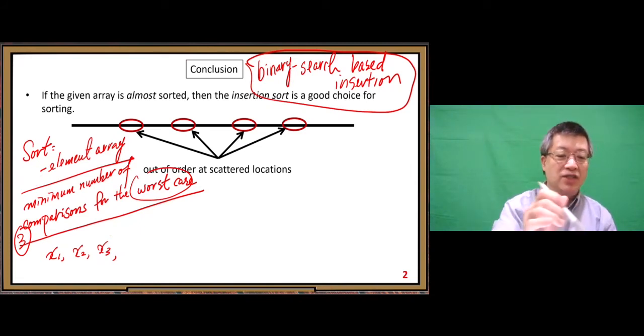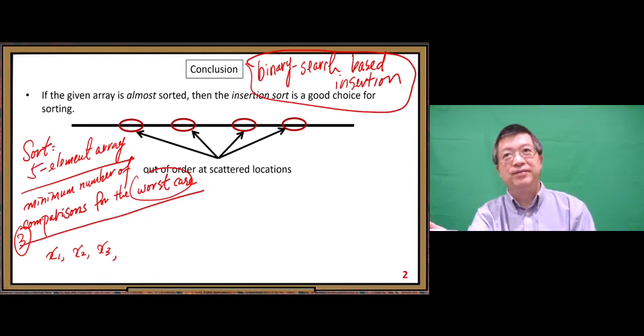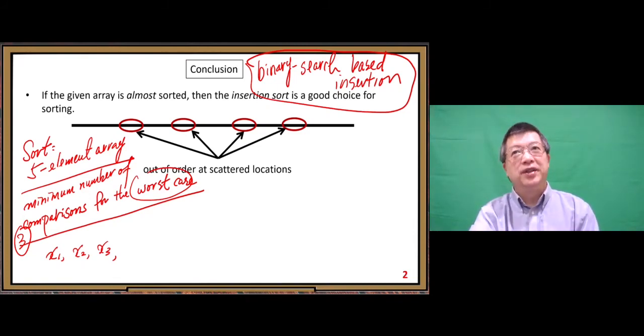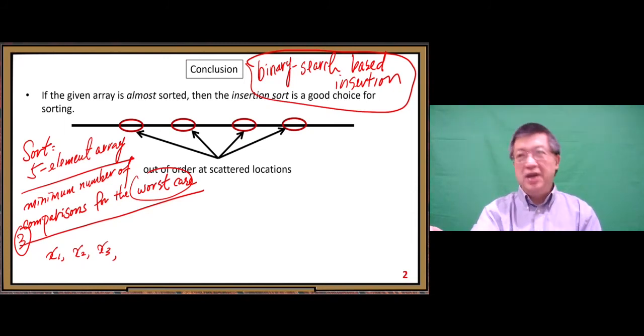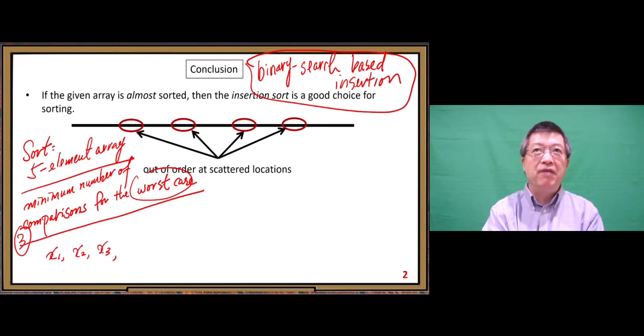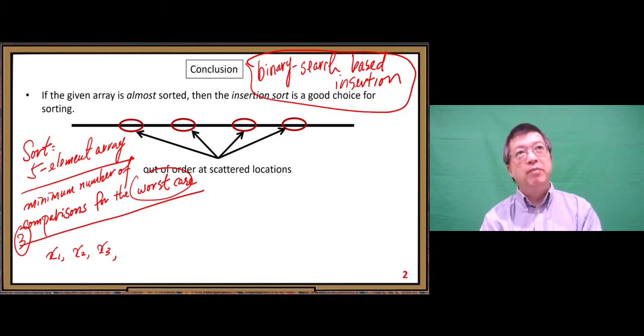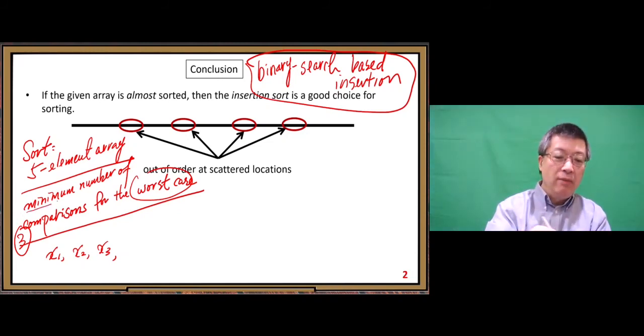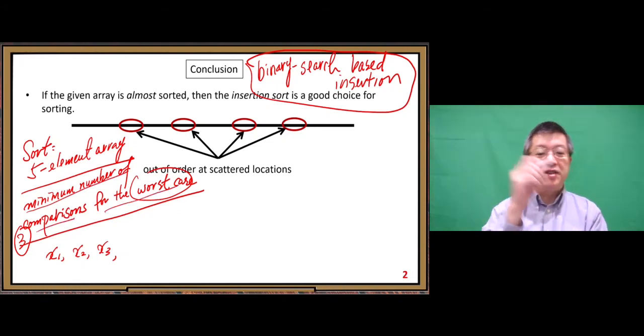Now, my last try: a 5-element array. Sort a 5-element array. Can you do it? This is a really tough problem. If you do not have the background of this module 4 part A, you can try 5-6 hours and you may not be able to solve it. Sort a 5-element array using the minimum number of comparisons for the worst case.